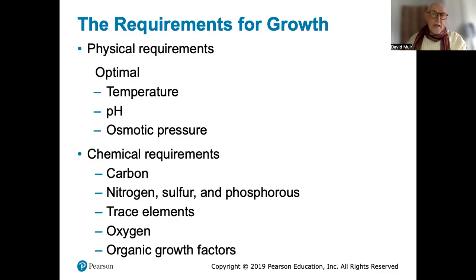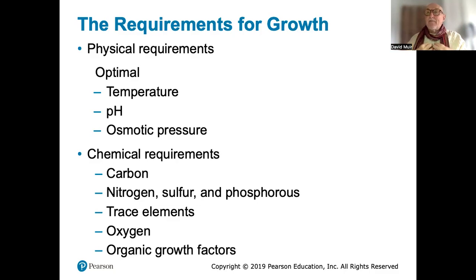All organisms have certain strict requirements. They have requirements for basic chemicals, out of which they're going to build their biomolecules. And those requirements are for carbon, various other things. Carbon is the most important because it's the backbone of all biological molecules. Then they also have requirements for nitrogen, sulfur, phosphorus, various other things.